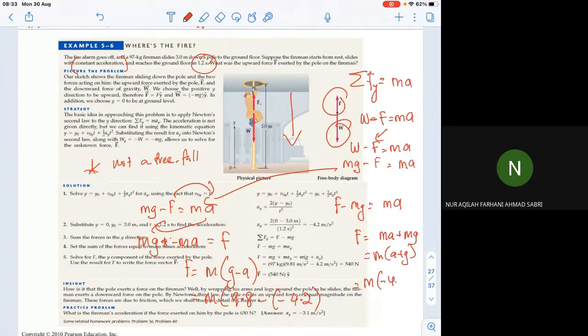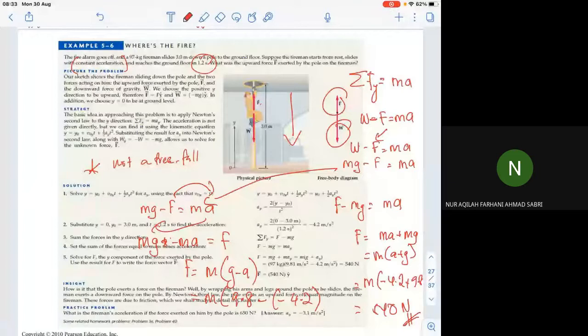Negative 4.2 plus 9.8. It's just the same value, right? And then, of course, it will give you 540 Newton. So in this case, we just need to consider which should be minus: it's either mg minus F or F minus mg.